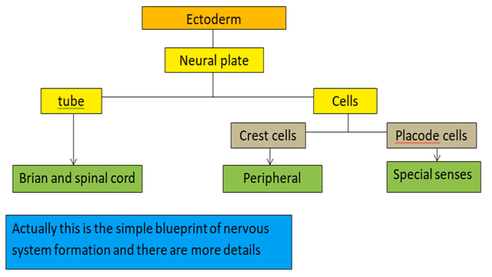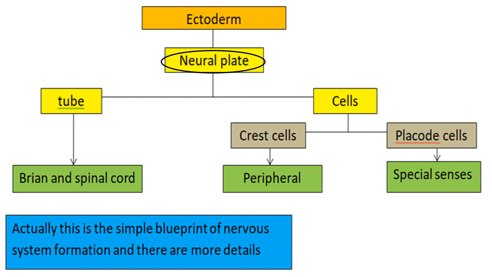I want you to keep this blueprint in mind. It is the blueprint of formation of the nervous system from the ectoderm. It shows that ectoderm will give rise to a neural plate. This plate will give a tube and cells.